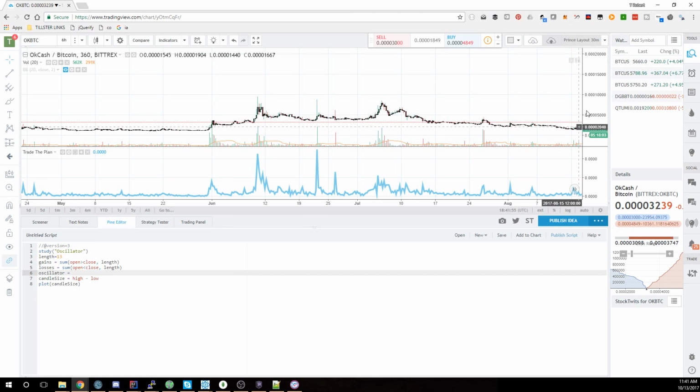The sum of all price movement over the period.